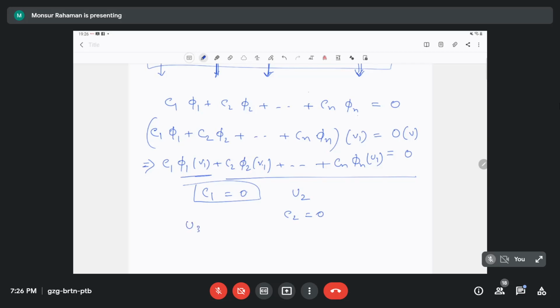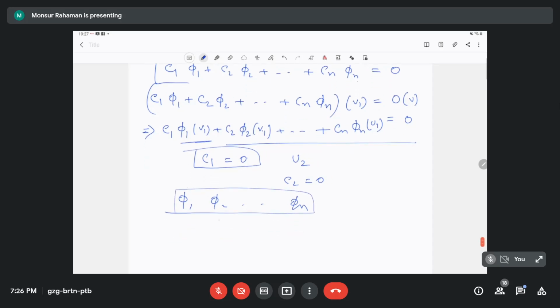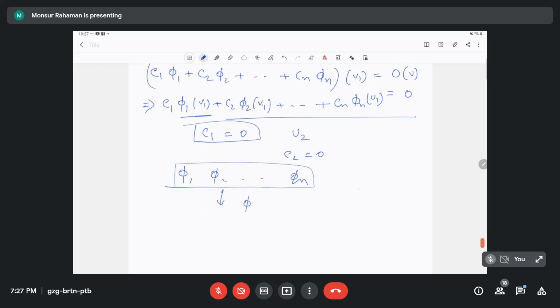When you send v3, you can prove that c3 equals 0. So this equation only holds when c1, c2, c3 are all zeros. So phi 1, phi 2 to phi n are linearly independent, and also we have already proved that they can express any linear functional. So this is a basis of V star, the dual space of V.